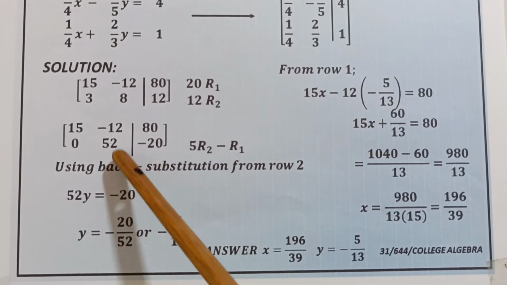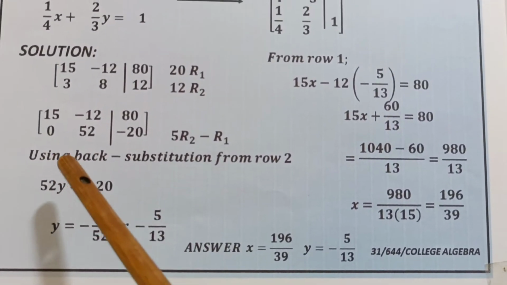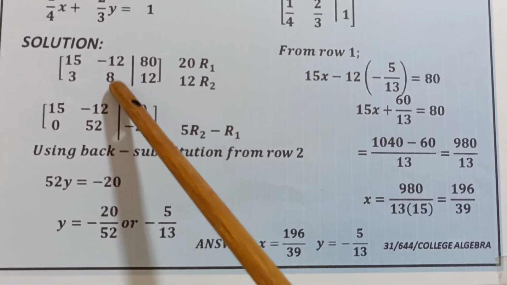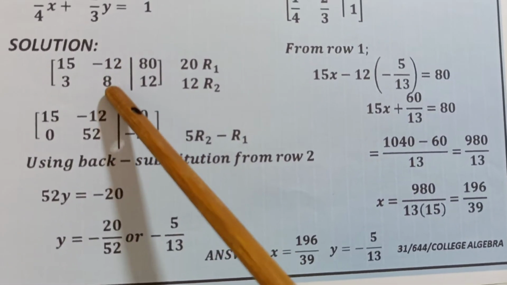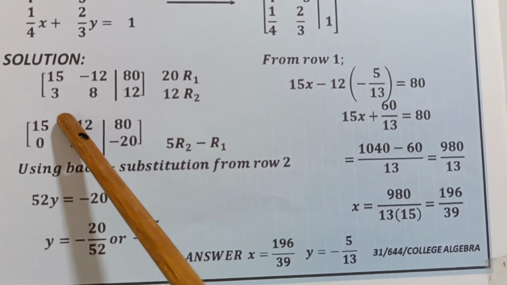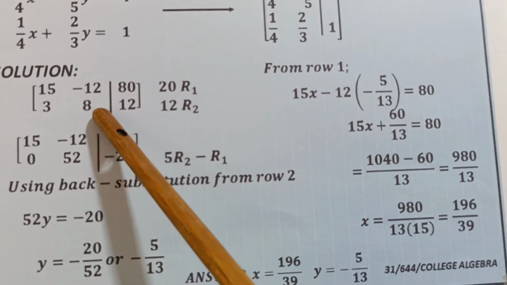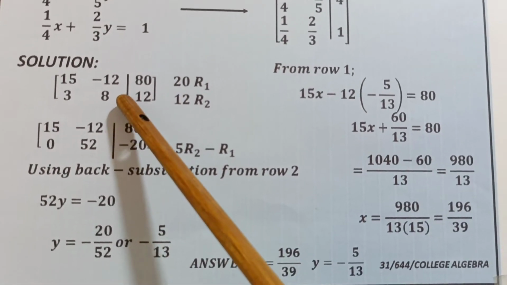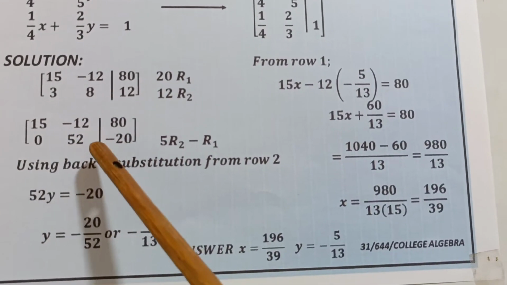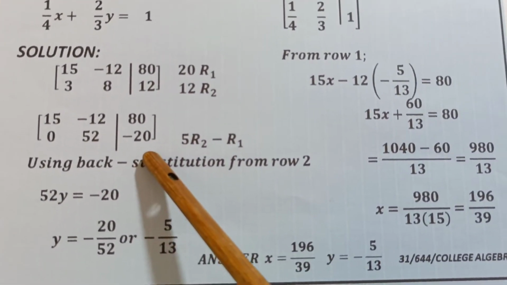You will notice that if we multiply row 2 by 5 and subtract the product from row 1, we get 15 minus 15 is equal to 0, minus 12 minus 40 is equal to negative 52, and 60 minus 80 is negative 20.